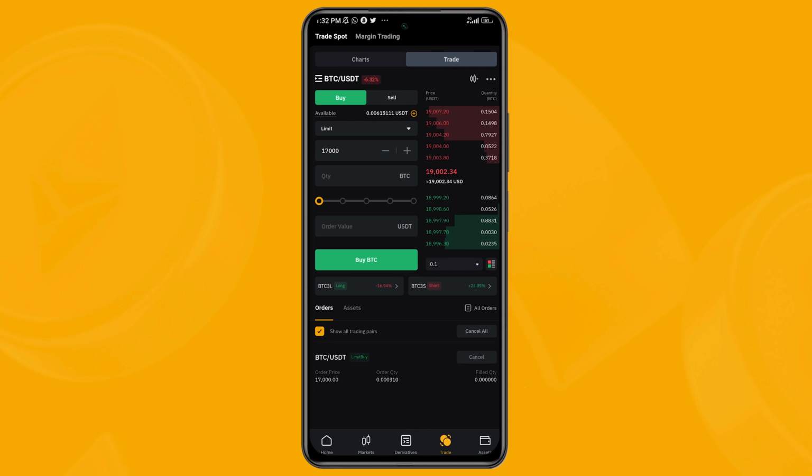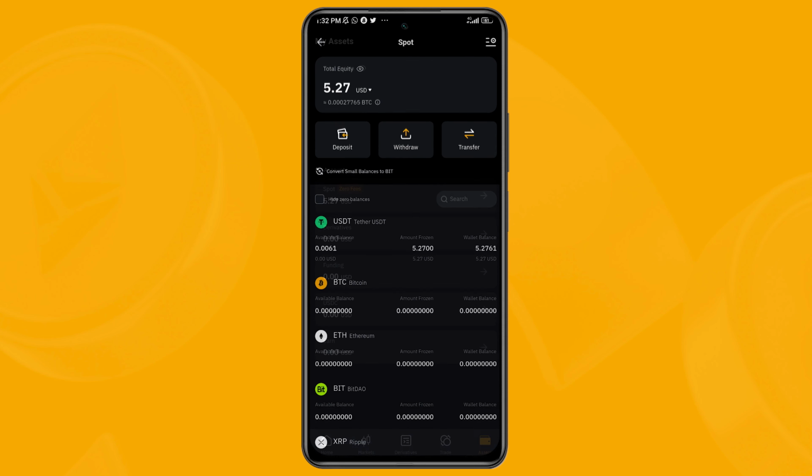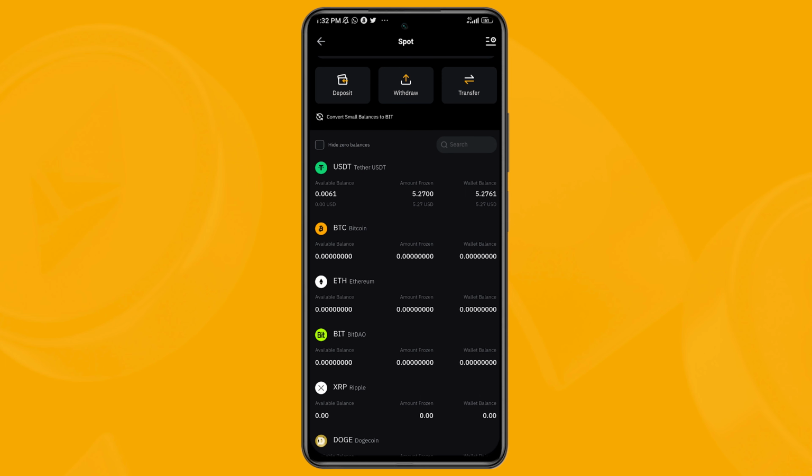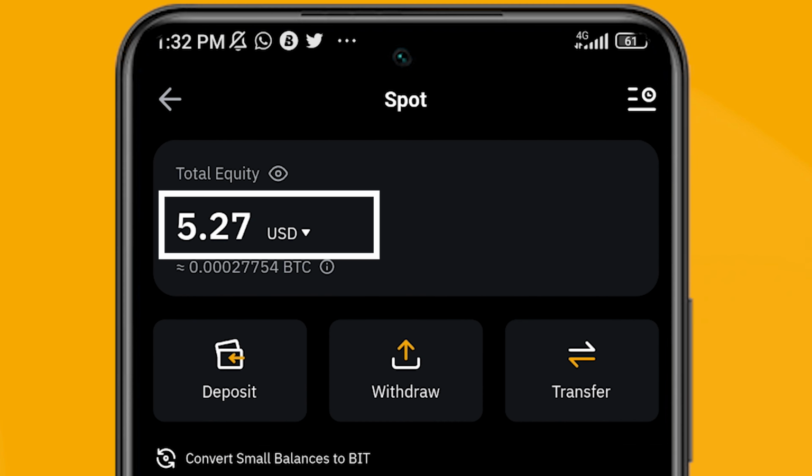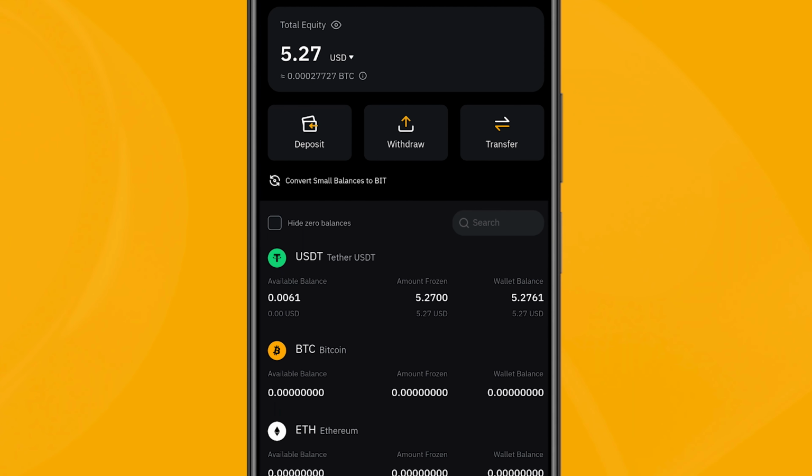Then another thing is that once you go to your asset, your spot trading asset, now what happens is that here I actually have $5 on my account, but it's now showing that the available balance is 0.00 something. That I don't actually have that money. Now that money will come to frozen, showing that it's tied to buy an asset at a particular price.